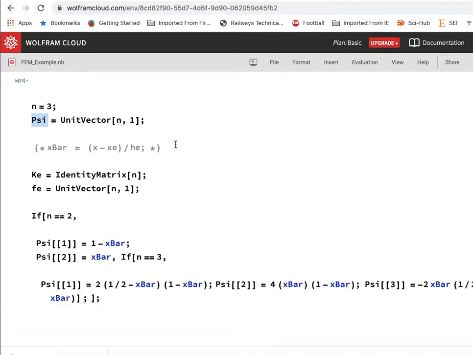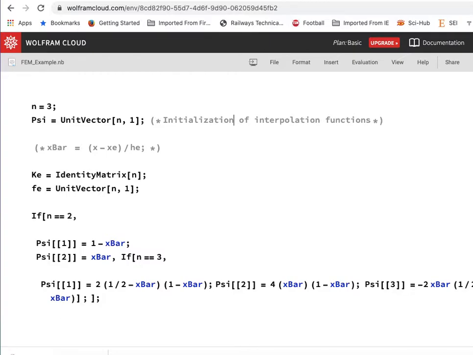So the number of interpolation functions is equal to the number of nodes in this problem. Okay, so I am going to initialize it. Let me just put a comment here: initialization of interpolation functions.